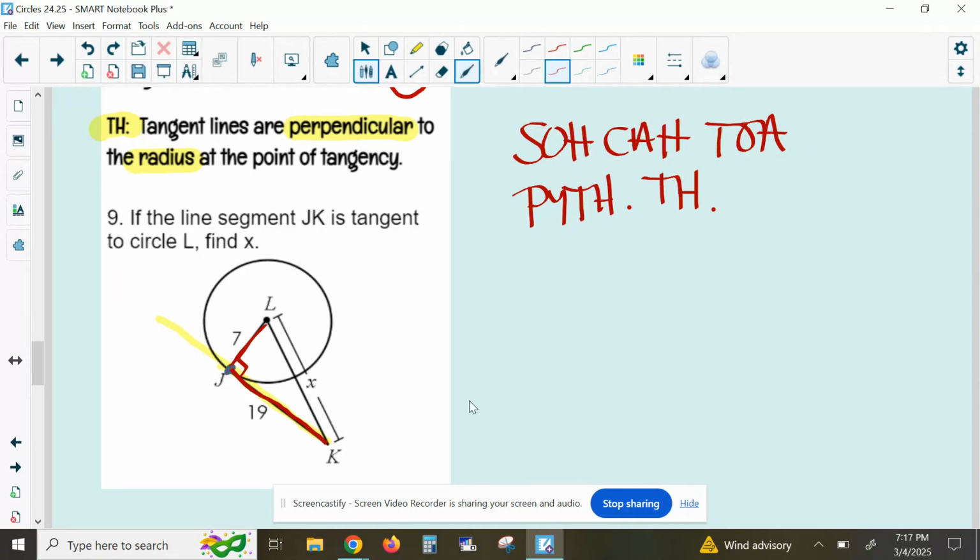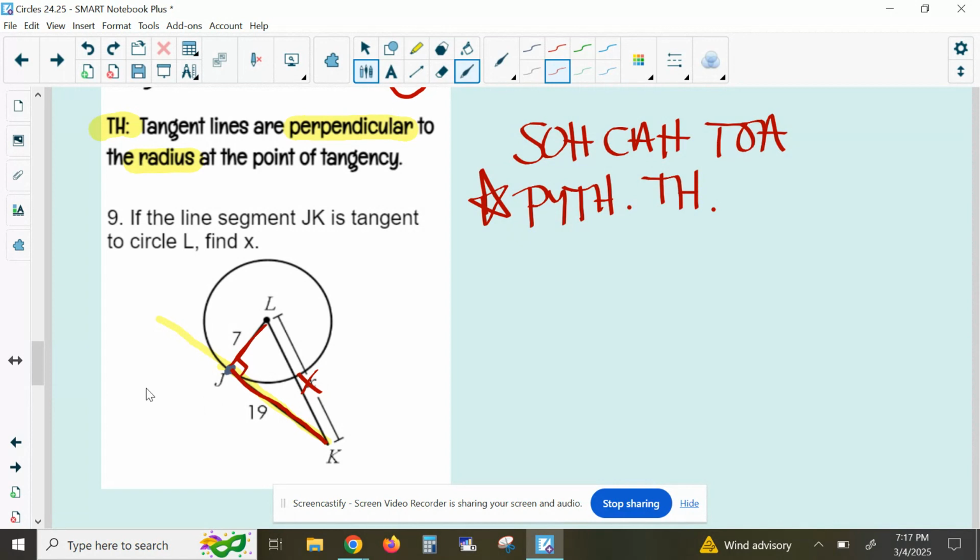So what we're looking for is the length of x right here. We have two of the sides and we need to find the third side. That means the Pythagorean theorem is going to be our best option at this point to find our third side. Because SOHCAHTOA in this case might find us some angle measures, but we're not asking about that in this problem. So let's go ahead and use this right triangle.